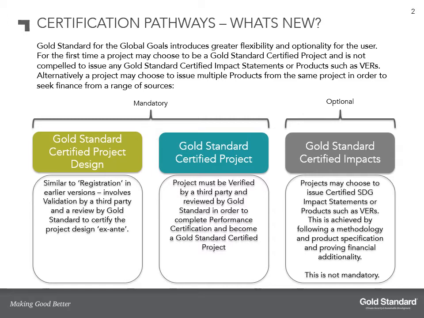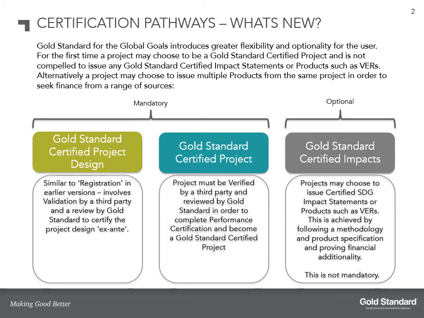But for the first time, that's as far as project developers can choose to go. So in previous iterations of Gold Standard, project developers were compelled to issue carbon credits or water benefit certificates. In Gold Standard for the Global Goals, it's perfectly acceptable to become a Gold Standard certified project and for that to be the value that you were seeking.